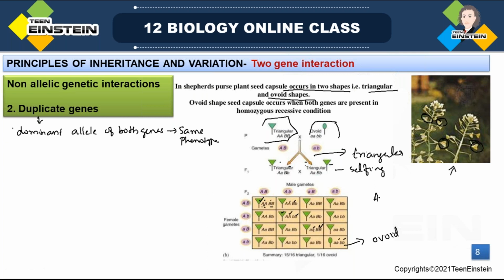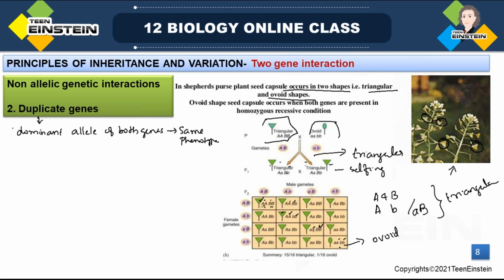So when A and B are both dominant, or A is dominant and B recessive, or A recessive and B dominant, all these conditions give triangular. Here you can see different combinations except this homozygous recessive. Both are in homozygous recessive. Except this, all are forming triangular capsule.